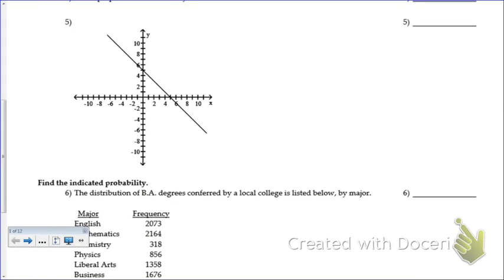For number 5, we also need the slope of the line, but we can find it using the concept of rise over run. I always start at a point that I know is on the left side. So if I've got 2 points, I start with the one on the left. And then I'm just following the directions to get to the point that's on the right.